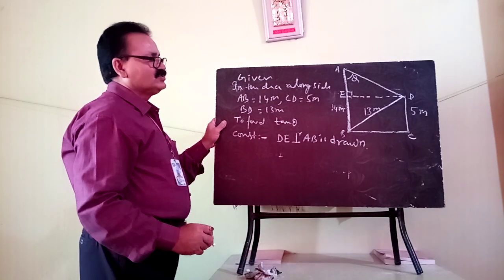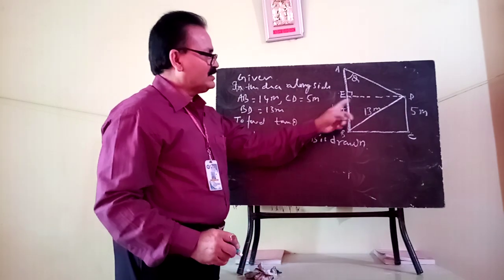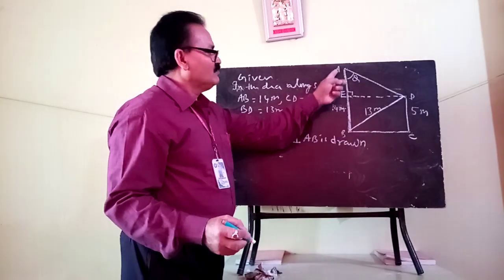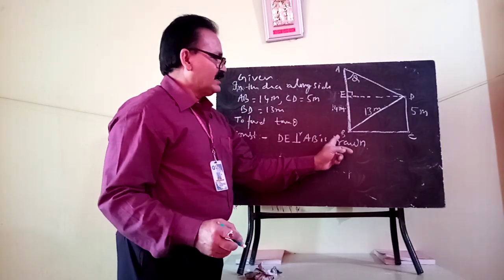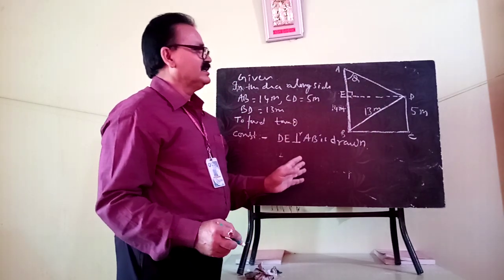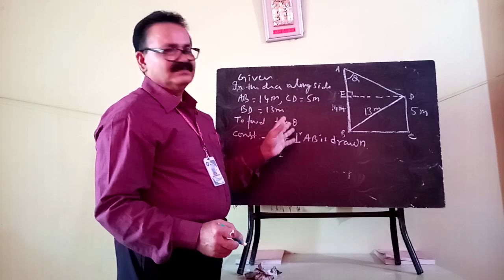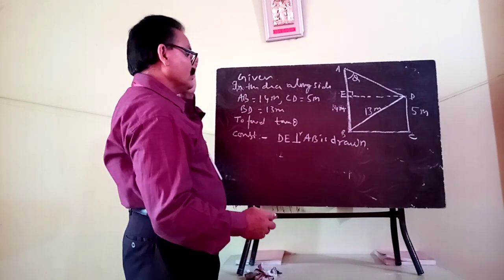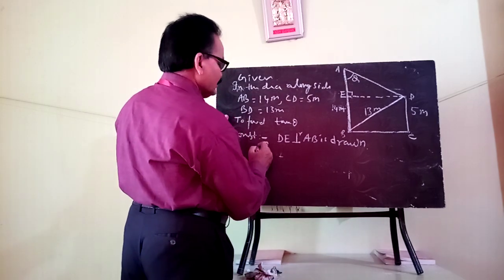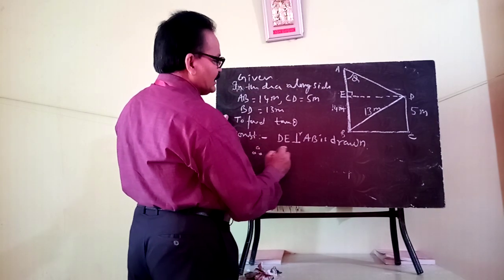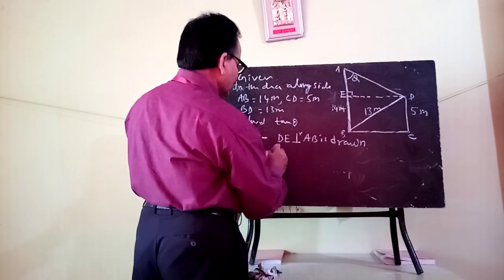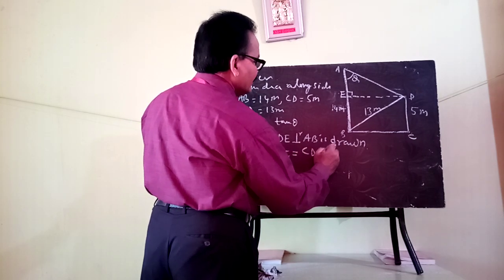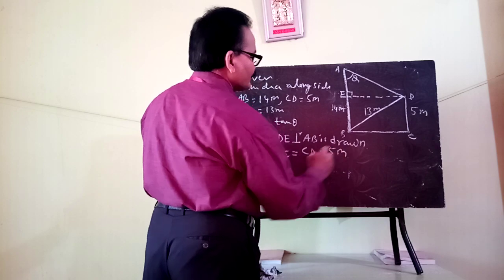Okay, so after drawing, you see this figure is divided into two parts. One is triangle AED, another is BCDE, a rectangle. So after this construction, the length of BE must be equal to CD, equal to 5 meter.